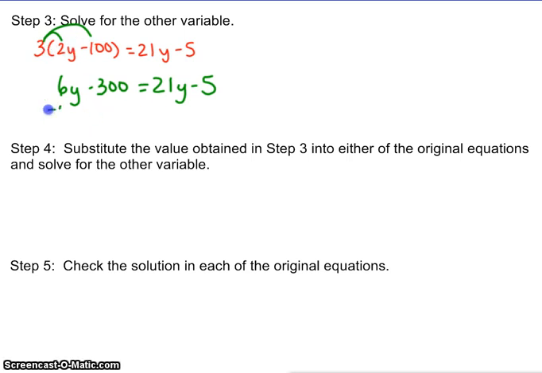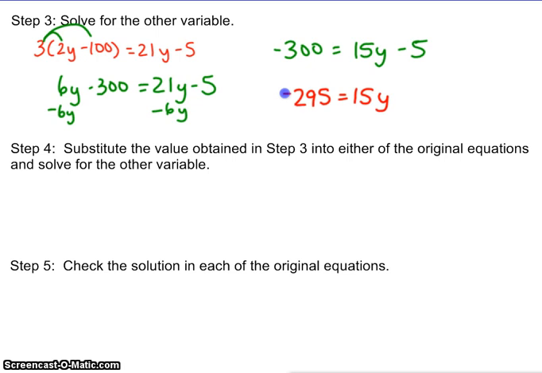We're going to subtract 6y from both sides. I get negative 300 equals 21 minus 6 is 15y. And then we're going to add 5 to both sides, so negative 295 equals 15y. We're going to have to divide both sides by 15, and we'll end up with the fraction negative 59 thirds.